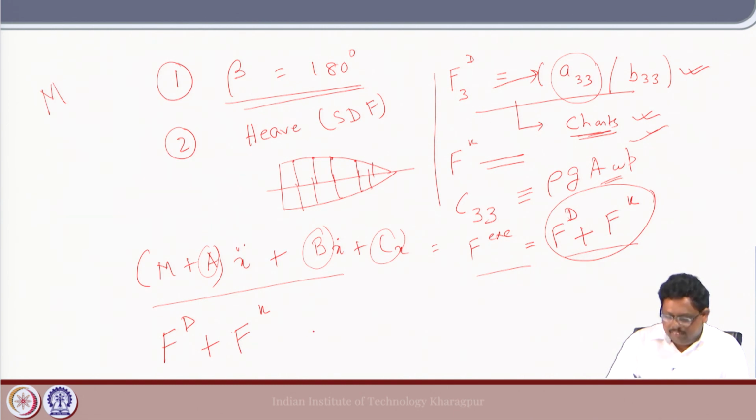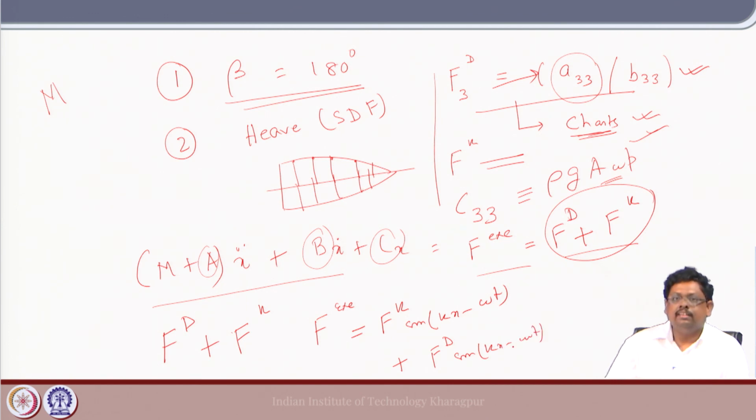Therefore, you can generate your exciting force F as Fk into sin(kx minus omega t), and then plus some Fd into again sin(kx minus omega t). In that way you can get it.